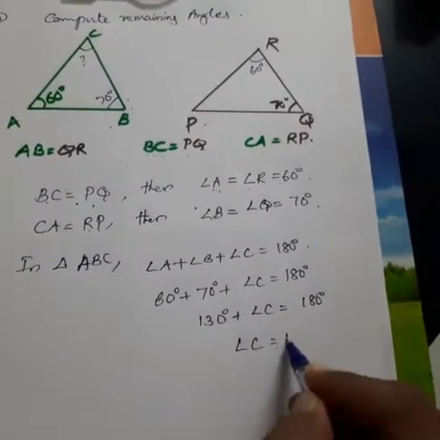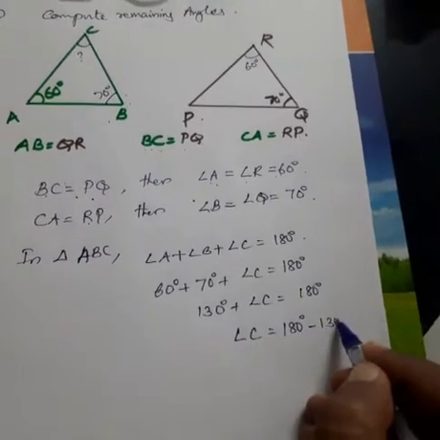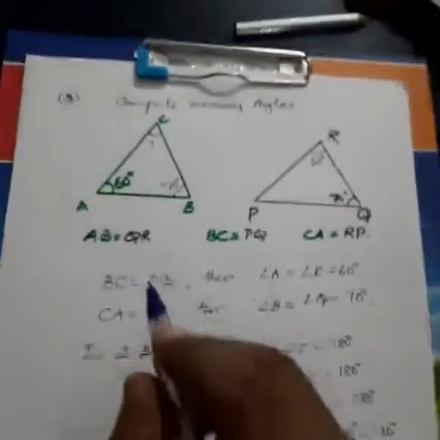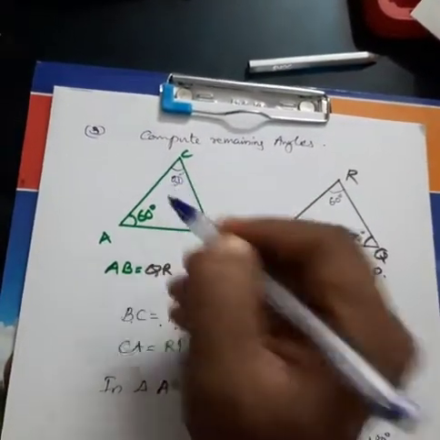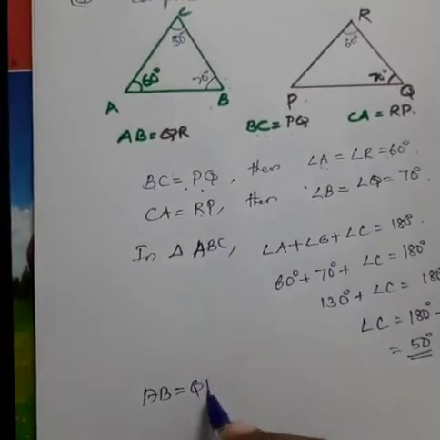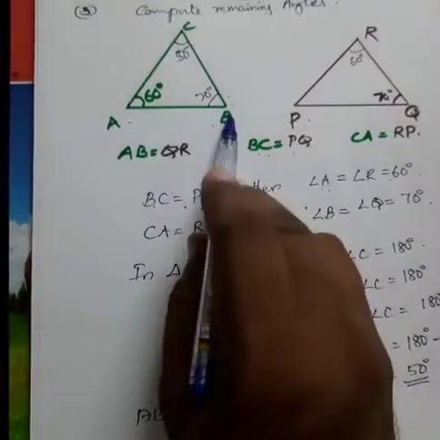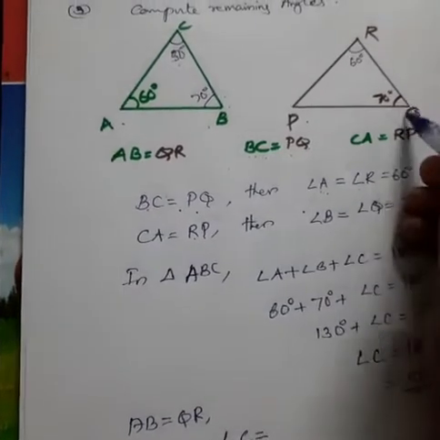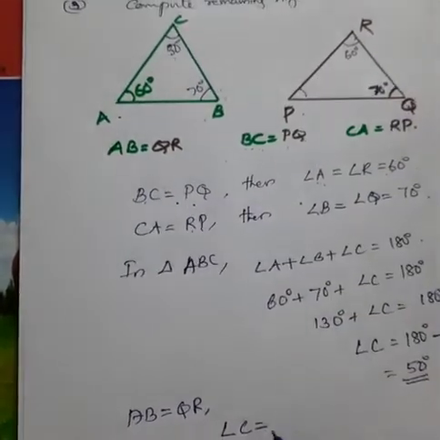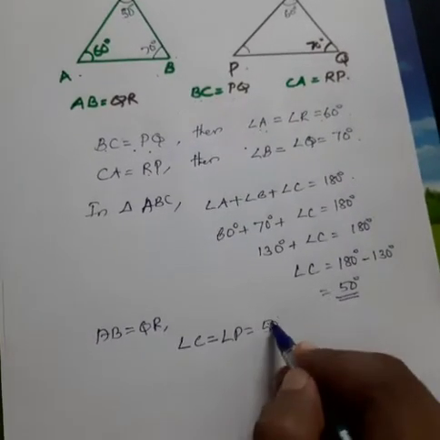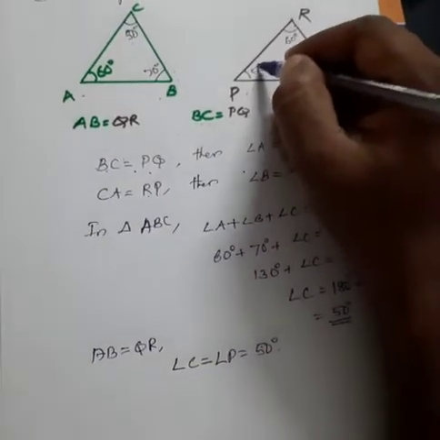Then angle C is equal to 180 degrees minus 130 degrees. That should be 50 degrees. So the 50 should be this angle. And we can write, if AB is equal to QR, the opposite of AB is angle C. Angle C is equal to the opposite of QR, it is angle P. If angle C is 50, then angle P also should be 50 degrees.